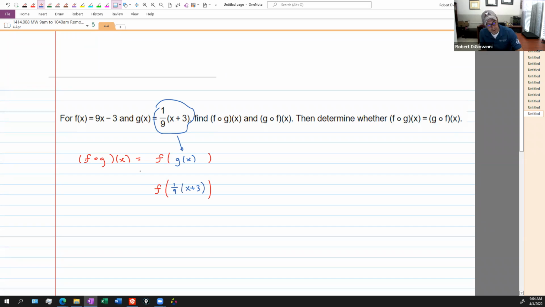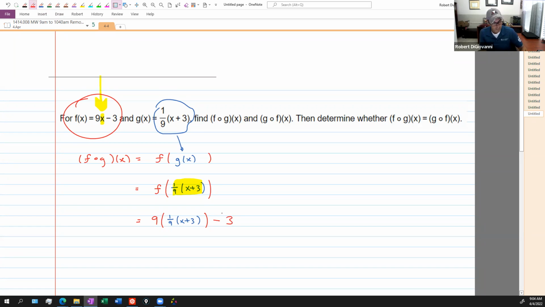And then we're going to take that expression and plug that into the f function everywhere we see an x, but we only have an x right here in the f function. So into this f function goes 9 times the expression that we just had there for g, and then we still have to subtract 3 from that. Is that clear? Any questions with that?